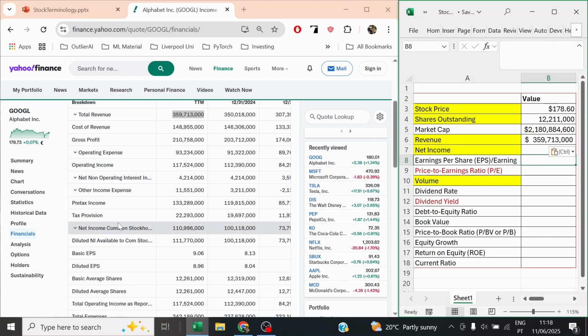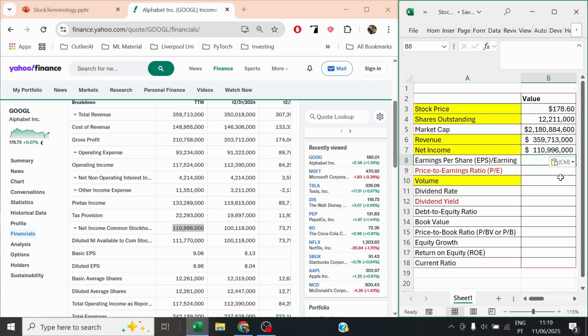So if I go to the net income, and then I have my number here. So I will just copy the net income and paste. Okay, again, that's 11,110 billion dollars.